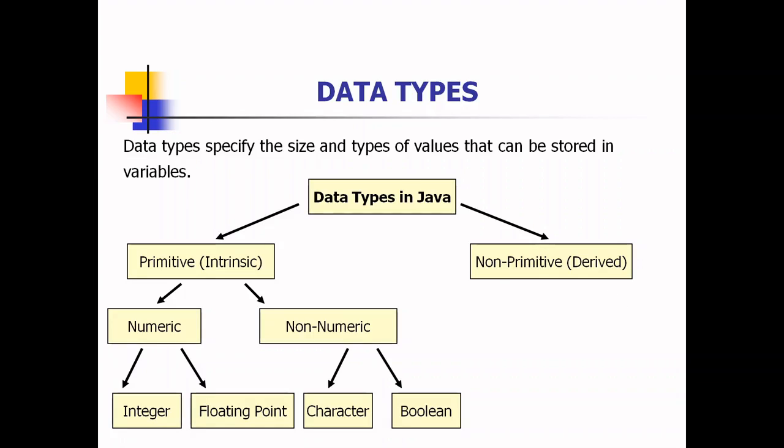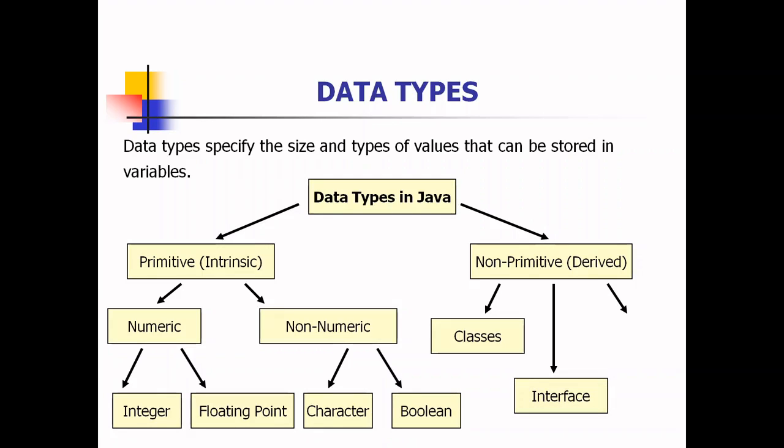Non-primitive types are classes, interface, and arrays. In today's session, we will discuss only the primitive data types which are available in Java. The non-primitive types will be discussed in the later section.